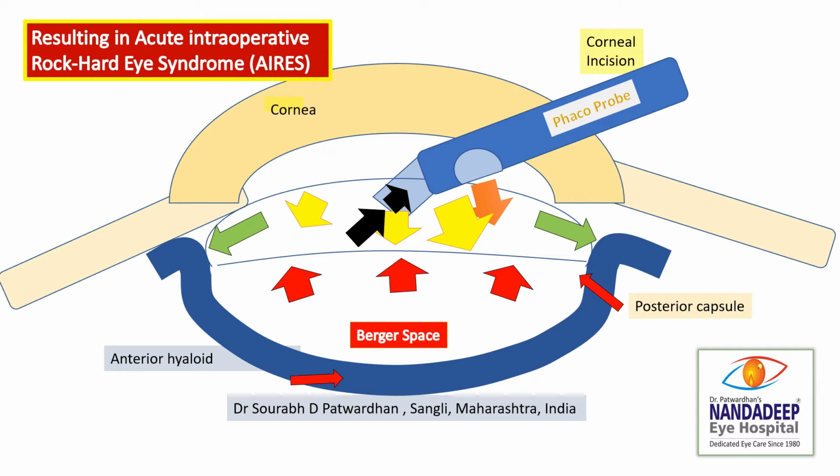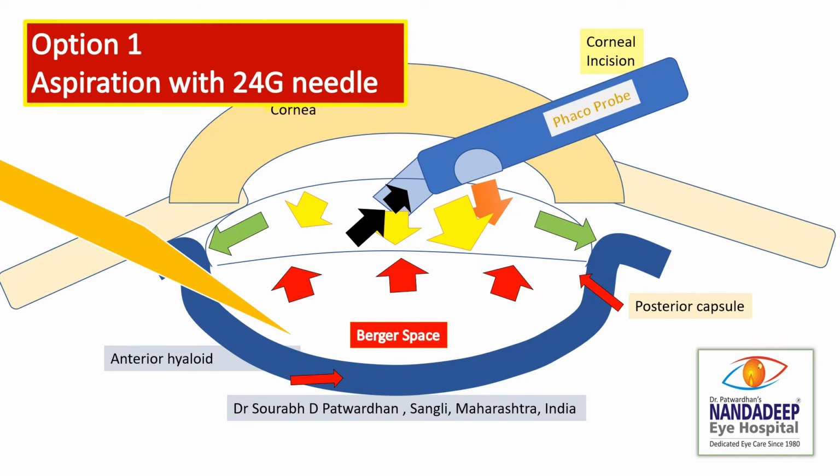Attempts to continue the maneuvers in the anterior chamber at this stage will result in further iris prolapse. The posterior capsule may also get damaged during the maneuvers. At this point, the posterior capsule is bulging forward and we have to do something to rectify it.